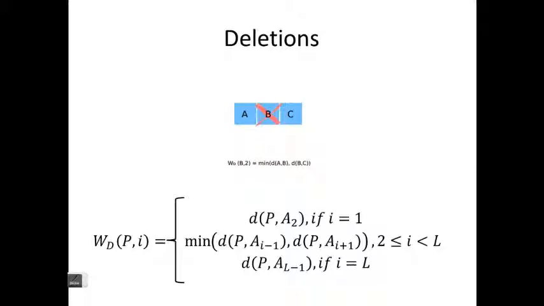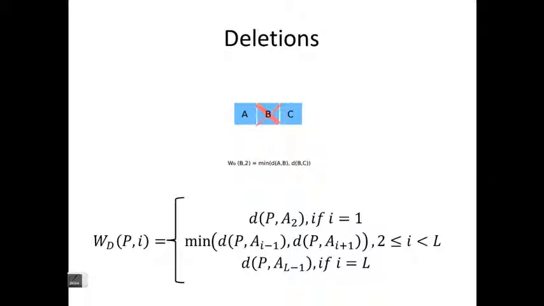The story is quite similar for deletions. Once again, if you're deleting an element from the end or the beginning, then you just take the pose distance between the removed pose P and the next pose in the sequence. So if you were removing the first one, you look at the distance between the first pose and the second pose.